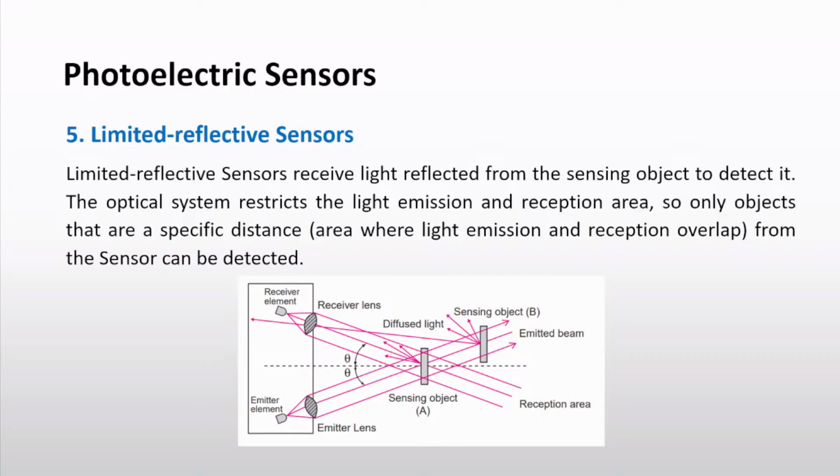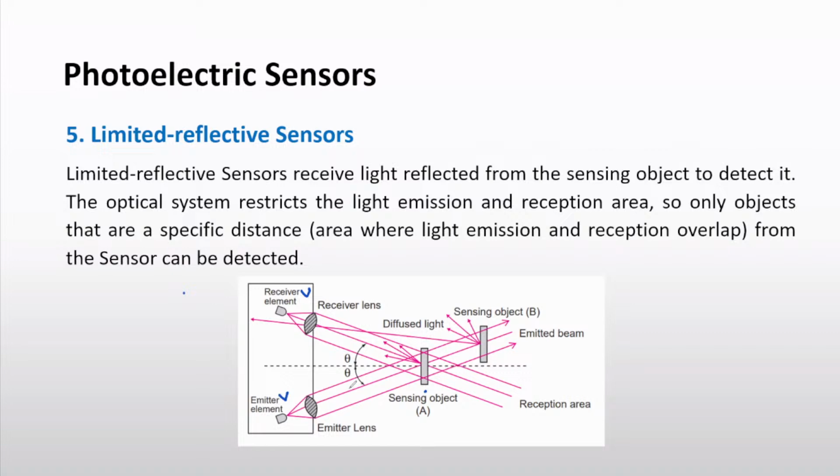So you can see here, this is the preset side, and here this is the emitter, and here is the receiver. So when the object is in the predefined range or predefined position, what happens?